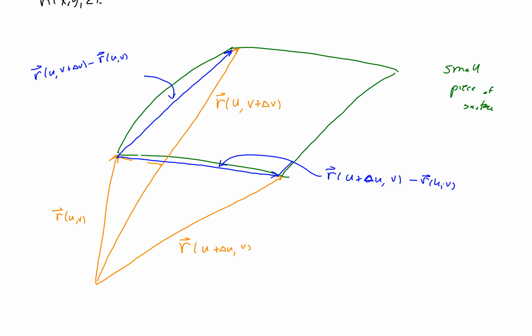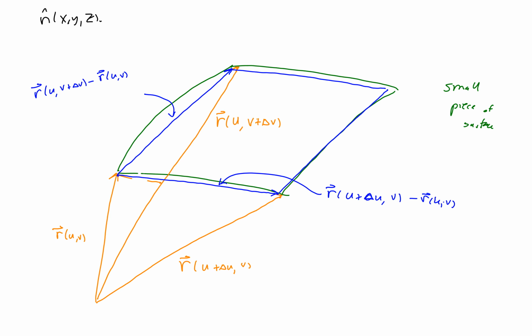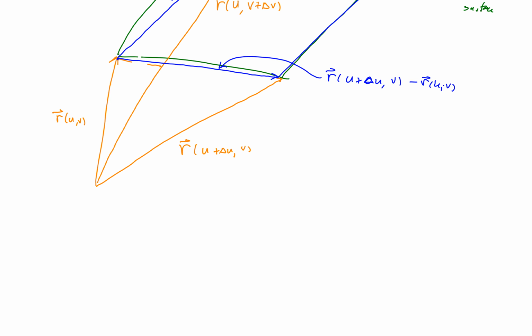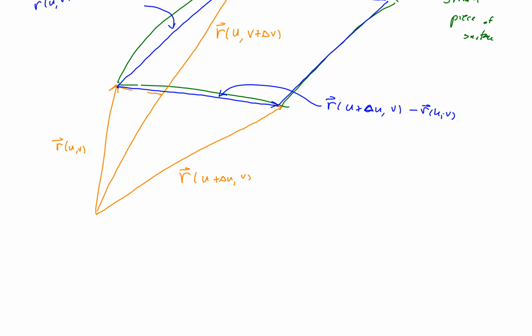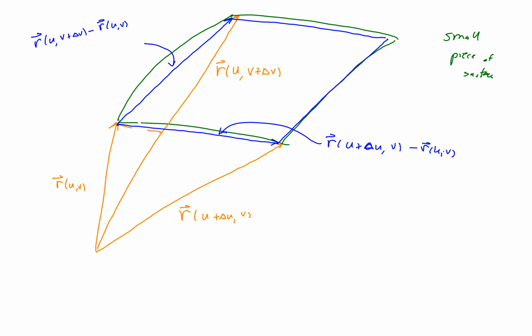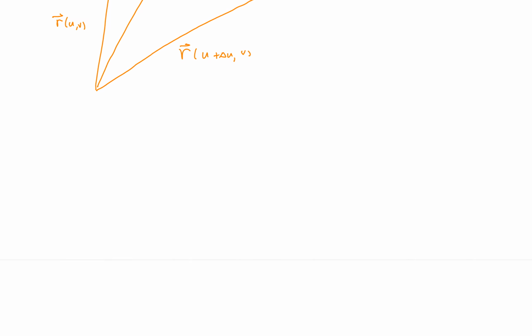And so these vectors here form a parallelogram like that. They're in blue. And that parallelogram isn't exactly the little piece of surface, but if delta u and delta v are small, then it's a pretty good approximation for it. So we have that blue parallelogram. The area of that is going to approximate the area of the green surface there. And we know how to find that area.